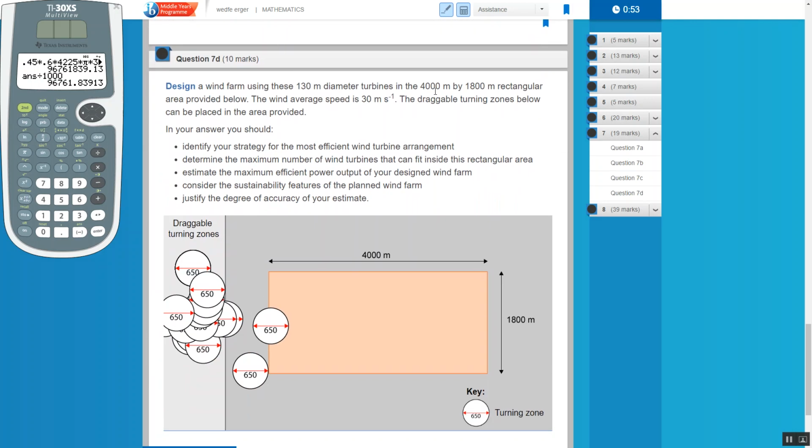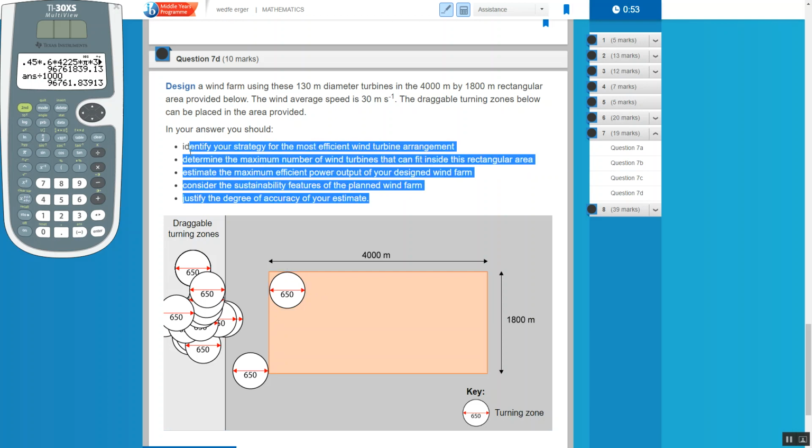Alright, the last part. Design a wind farm using these 130 meter turbines. Okay, so this is our turning zone. So if we put one of these here, we could have a wind turbine here and here. And we can't have anything in the middle.